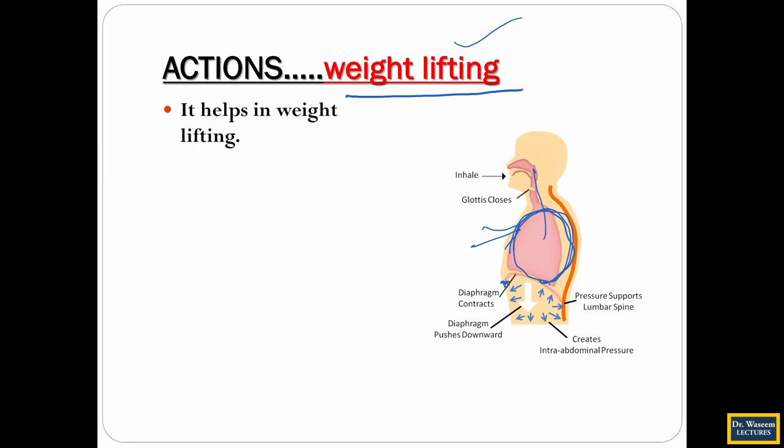All the pressure will be here, and with the anterior abdominal wall muscles contracted, pressure will be on the back side. Your back will be straight, so the back muscles will straighten you, and whatever weight is shifted onto your spine will not bend it this time.